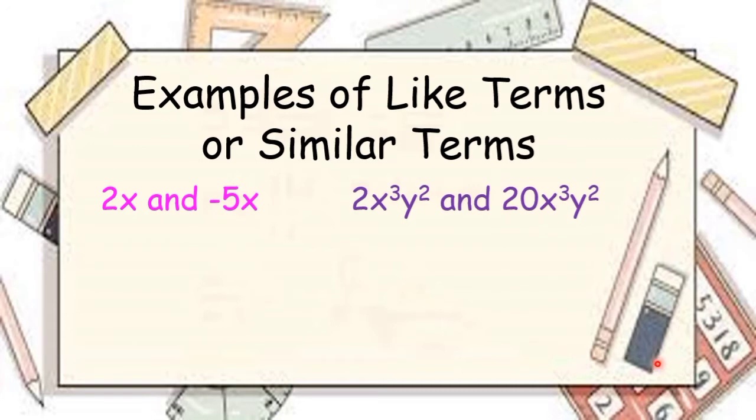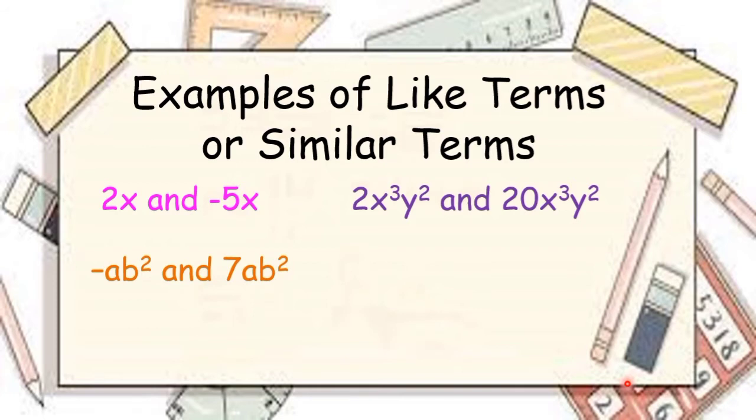So again, for us to determine if the given are similar terms, they must have the same variables, and that variable must also have the same exponent. So in this given, they both have x cubed y squared. Next is negative ab squared and 7ab squared.